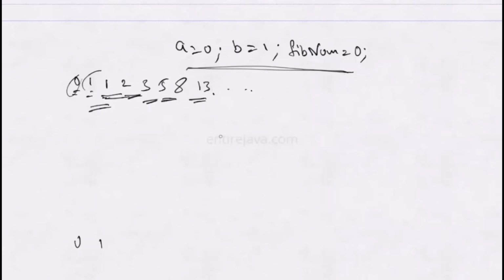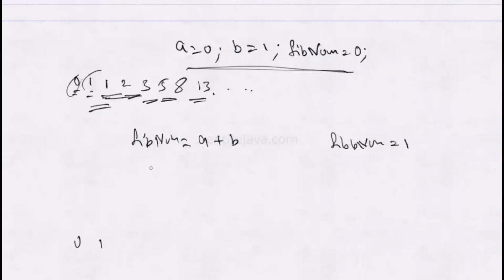We're going to find the sum of a and b and store whatever is the result in this fibnum. Essentially, let's say initially the values of a and b are 0 and 1, we find the sum of a and b, that will make it 1. So the fibnum value would be now 1.